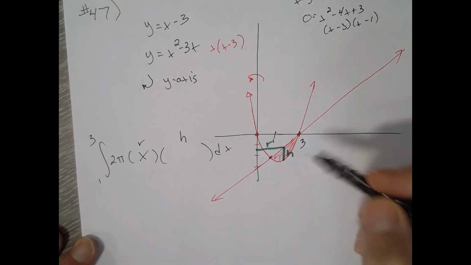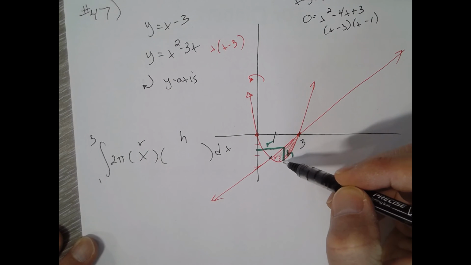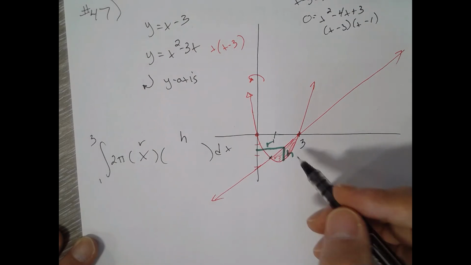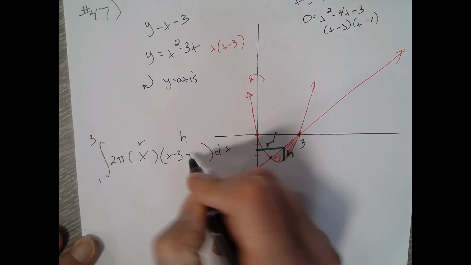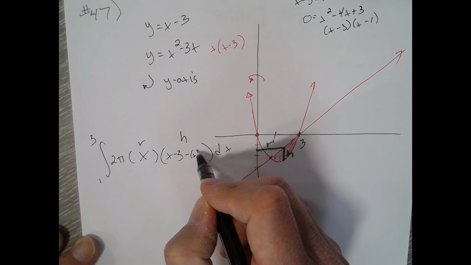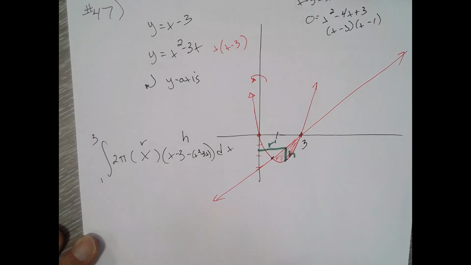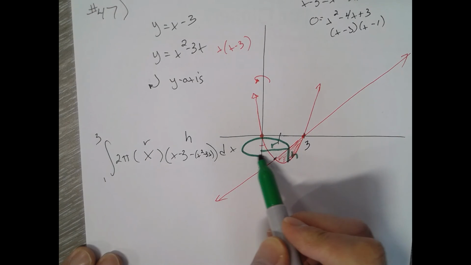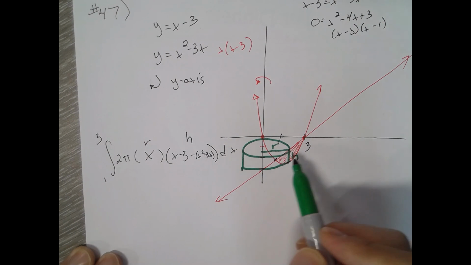And your h is just going to be top minus bottom. So the top one in terms of x is just x minus 3, minus the bottom one in terms of x, which is x squared minus 3x. So that is the integral that will give you the volume using the shell technique.